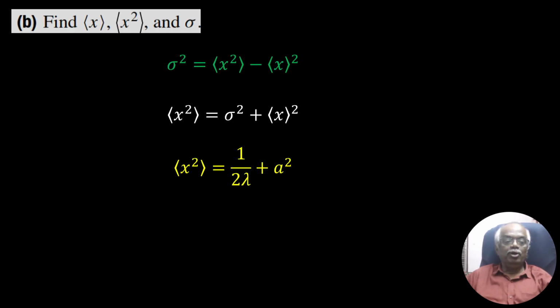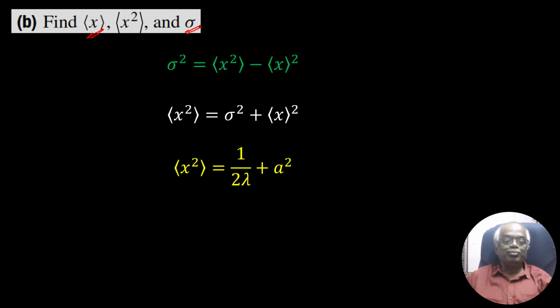So now we have found the expectation value of x and the standard deviation sigma. So, what is variance sigma squared? By definition, it's the expectation value of x squared minus the expectation value of x whole squared.